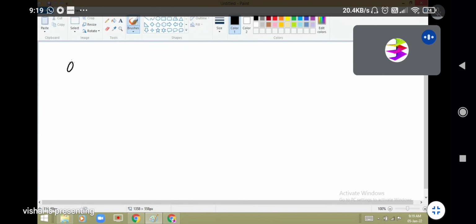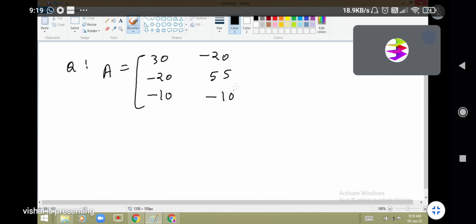What is the question? The question is: solve Ax equal to b using the Gaussian elimination method. A is given to you: 30, minus 20, minus 10, minus 20, 55, minus 10, minus 10, minus 10, and 50. B is given to you: 0, 0, 200.